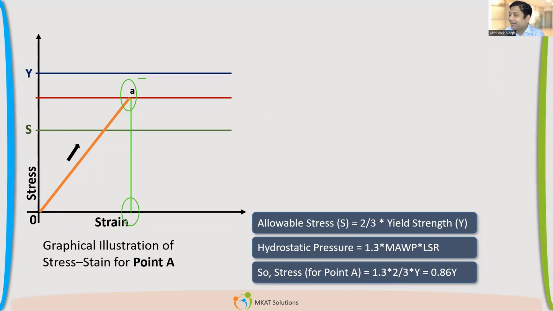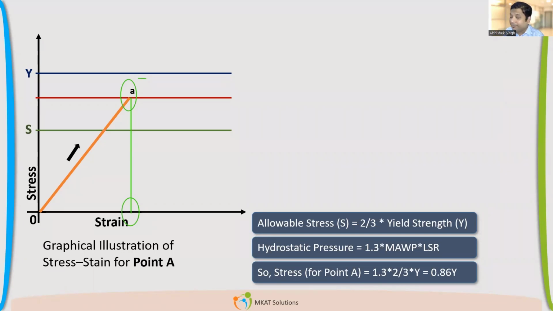Many of you might have got confused with permanent deformation, and that is the reason you said no. Whenever there is stress, there is going to be strain, we know the stress strain relationship. So yes, deformation will be there, but it is well within the elastic limit.